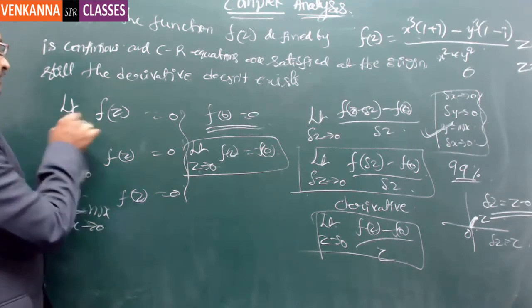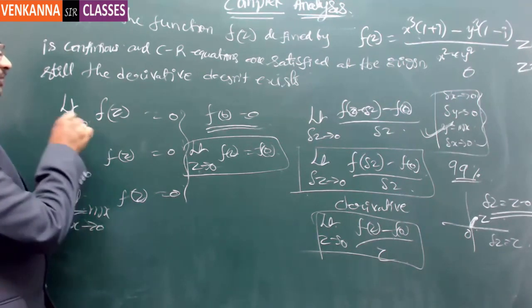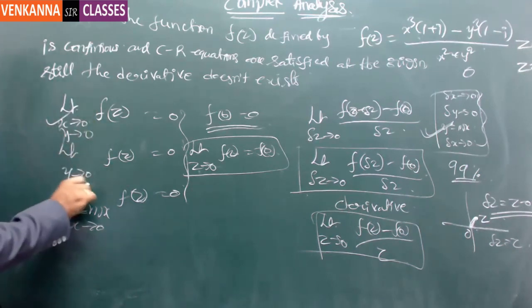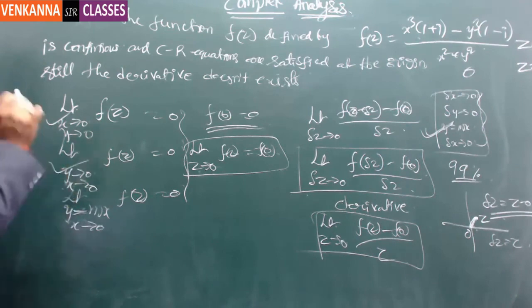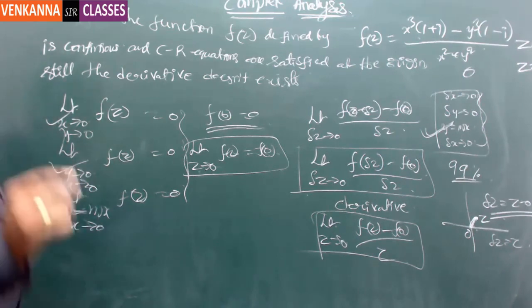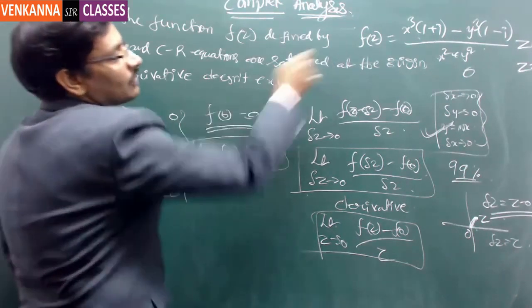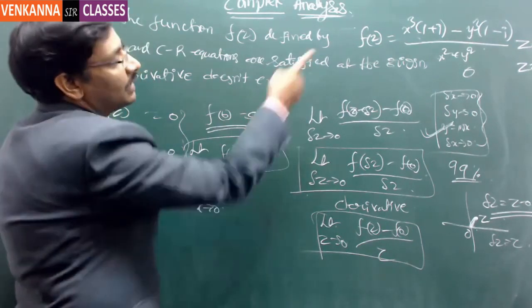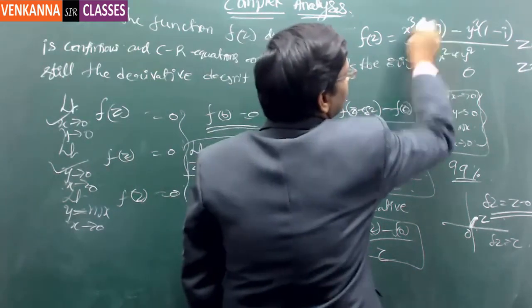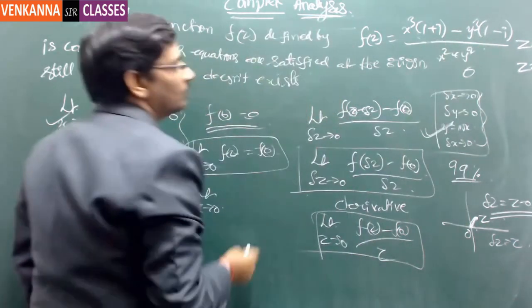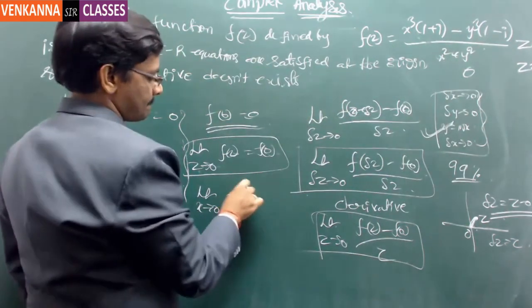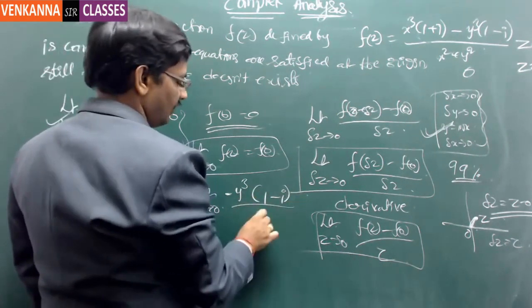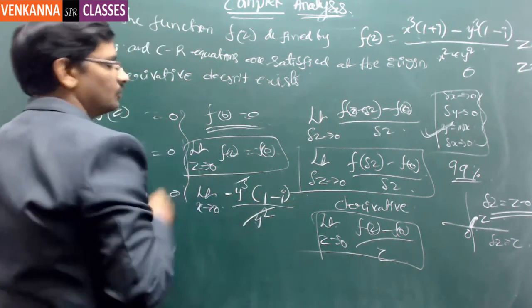So this is x tends to 0 and y tends to 0. You take x first and y next, then y tends to 0 and x tends to 0. You take y first and x next. So I will do one. See this. In this function, take the limit as x tends to 0. Then this will be 0, minus y cube into 1 minus i divided by y square, and these two will cancel out.